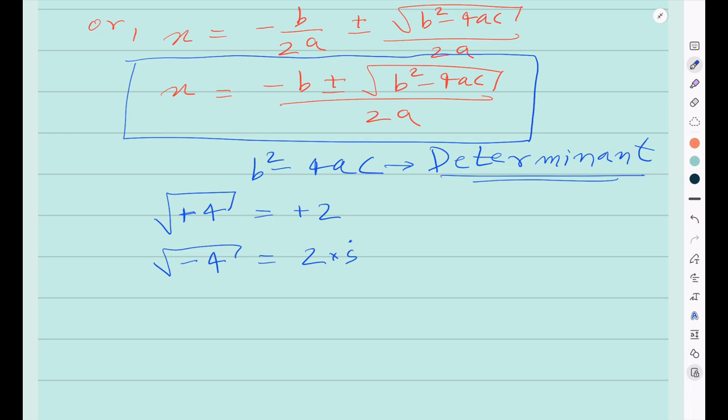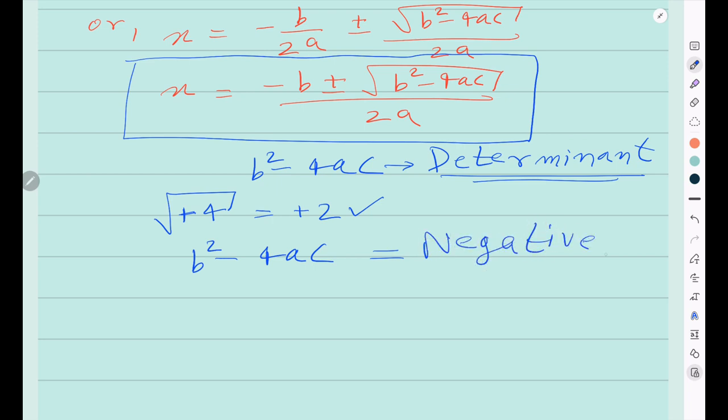So we will just consider for the time being that the square root of only positive numbers is possible here.